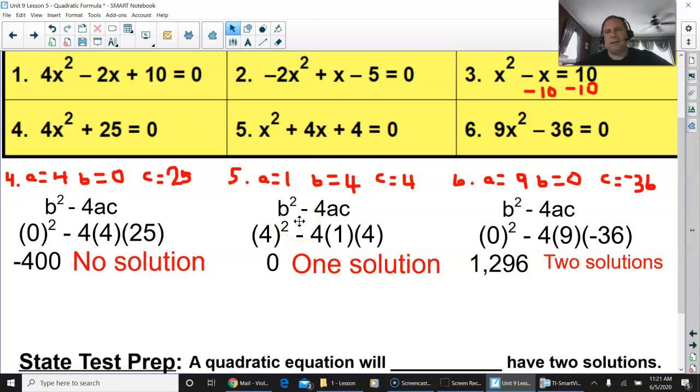And the last problem, number 6, is in standard form. A is 9, B is 0, and C is negative 36.